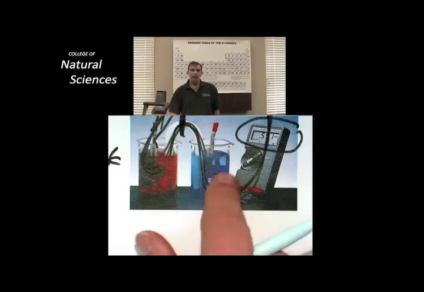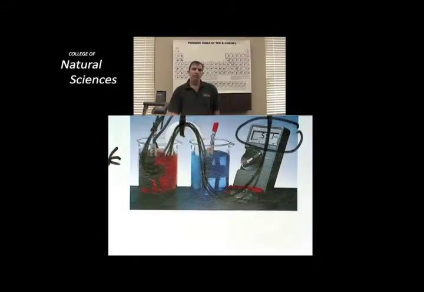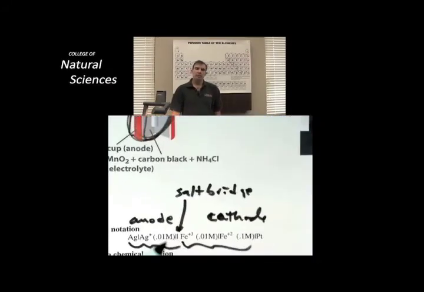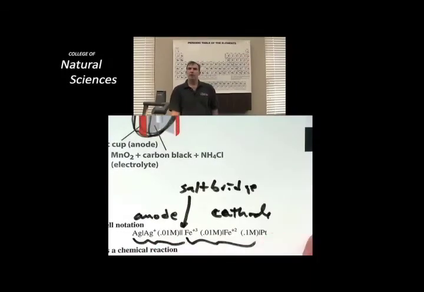How do I separate and identify all of these? The single vertical lines here represent differences in phase or differences in the type of material that's in solution. So that line right there is a phase change separating silver ion from silver metal. That line right there is the phase change between the solid platinum and the iron plus 3 and iron plus 2.